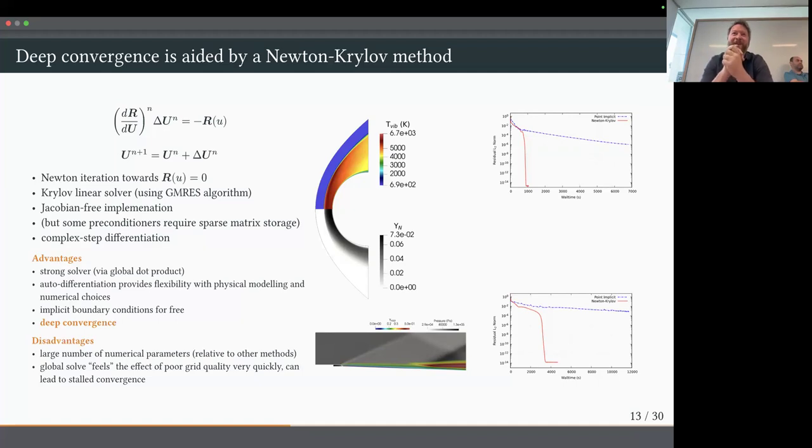It might be telling you your grid's not good, but other methods will kind of ring along and you'll wonder why. You'll often get pretty quick feedback from a Newton-Krylov solver, and that feedback will be in the form of stalled convergence.